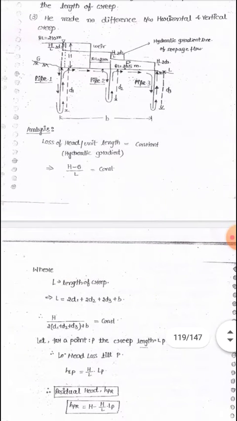So now he also assumed that the head loss per unit length of creep is constant throughout the percolating passage, and he gave the hydraulic gradient equal to H by L, total head loss upon length of creep.